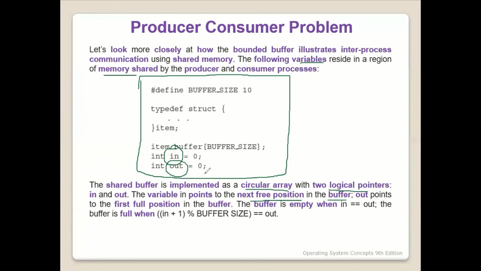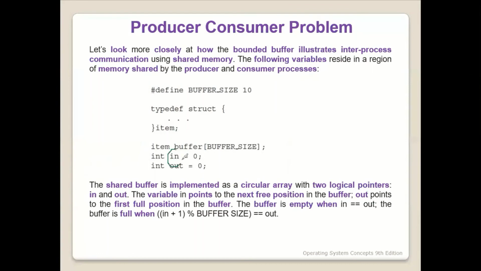So this is a circular array. What does it mean? There is no end at all. So let's consider these two variables, in and out. The in points to the next free position in the buffer. So you have a bounded buffer, which means it has a fixed size.